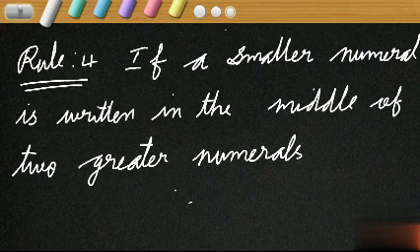What is the rule? The smaller numeral has to be subtracted from the greater numeral on the right side.